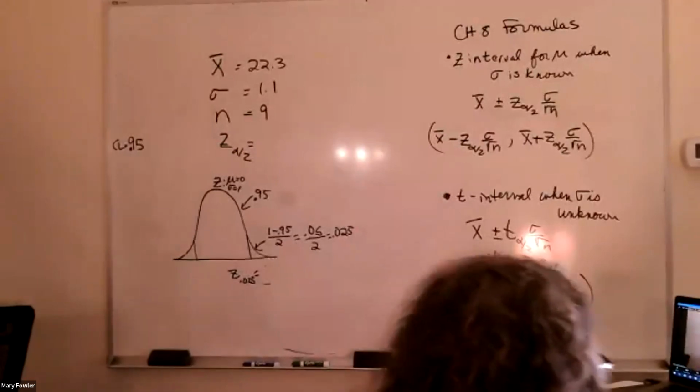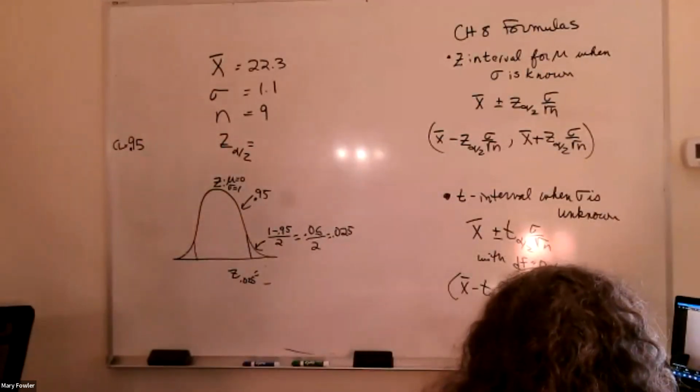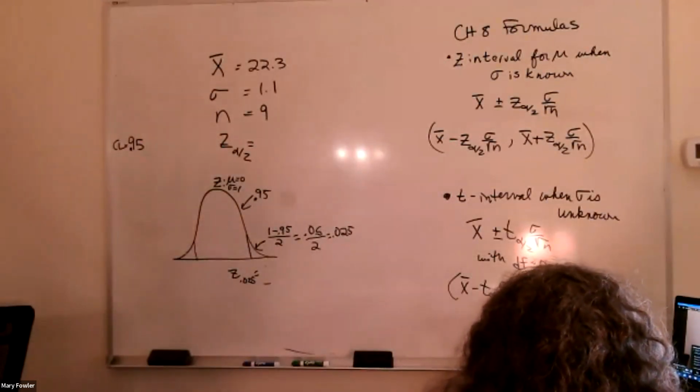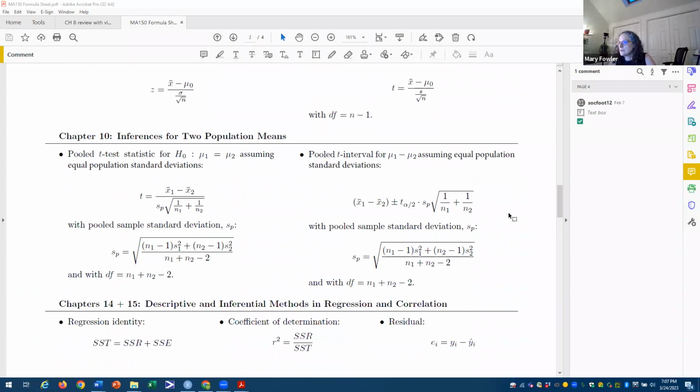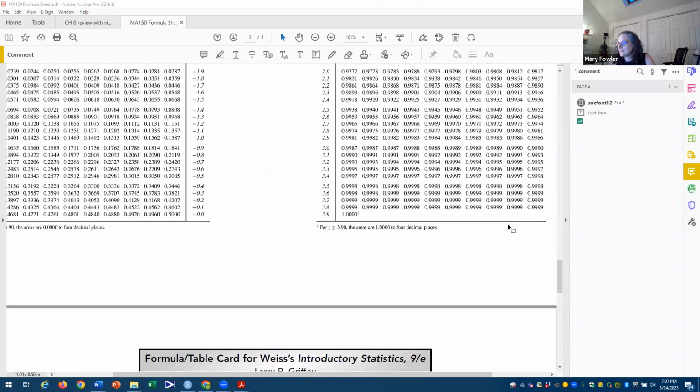Actually, we'll go to the bottom of the T table here, because there's a little convenience box. Sharing screen. I'm going to scroll all the way down to the last page.